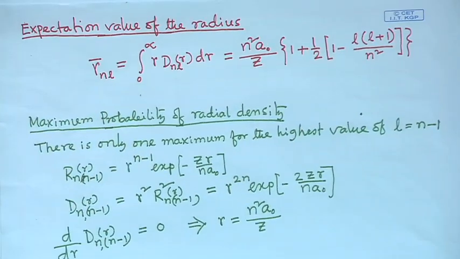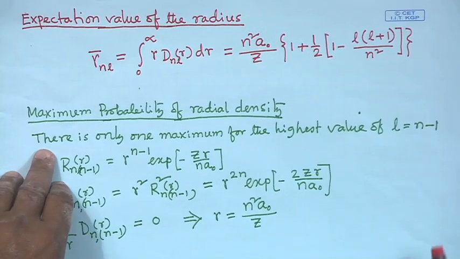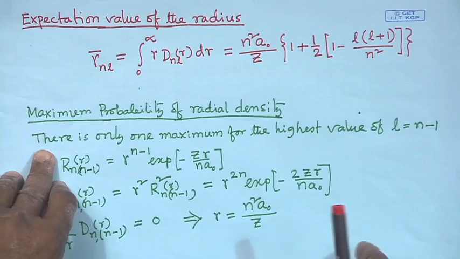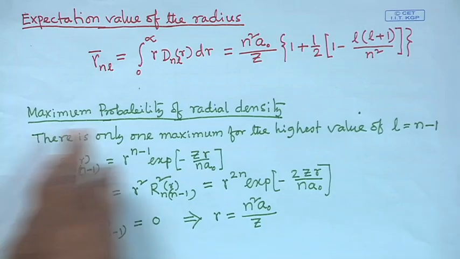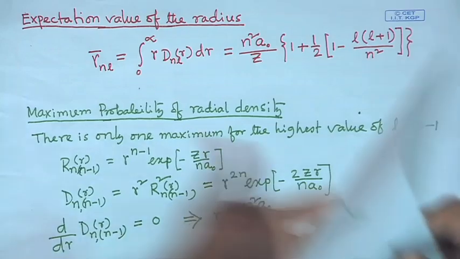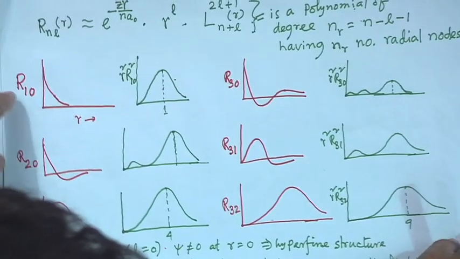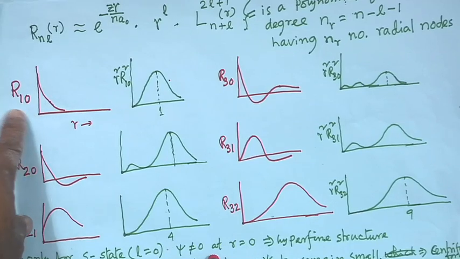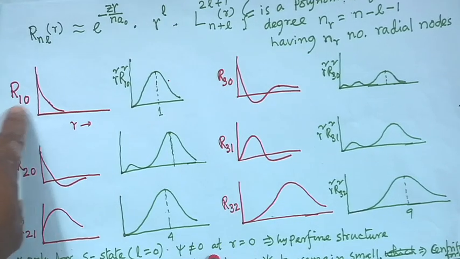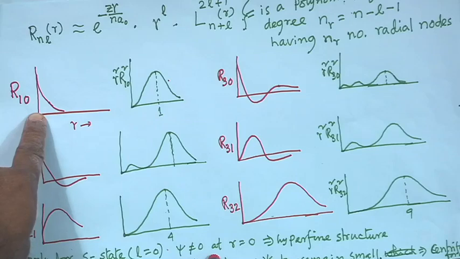But if you find out the maximum probability of radial density, we have seen that only for those cases where L has the maximum value for a particular n, L equal to n minus 1.